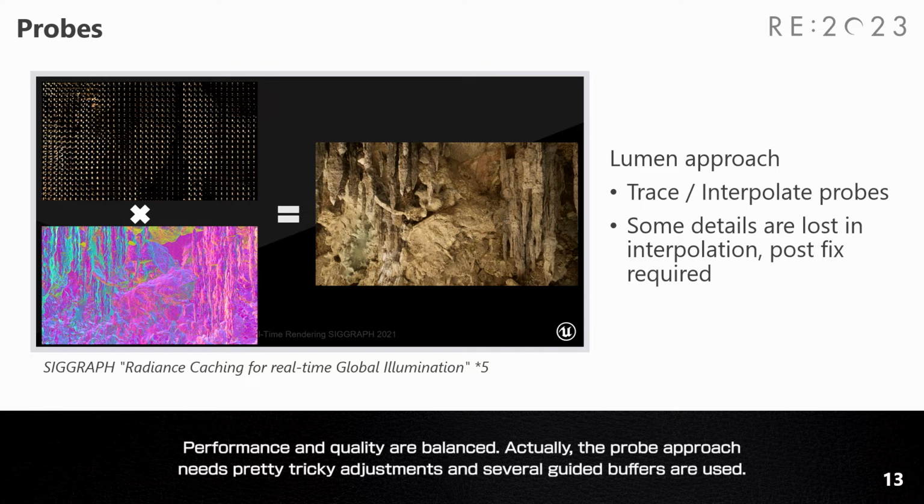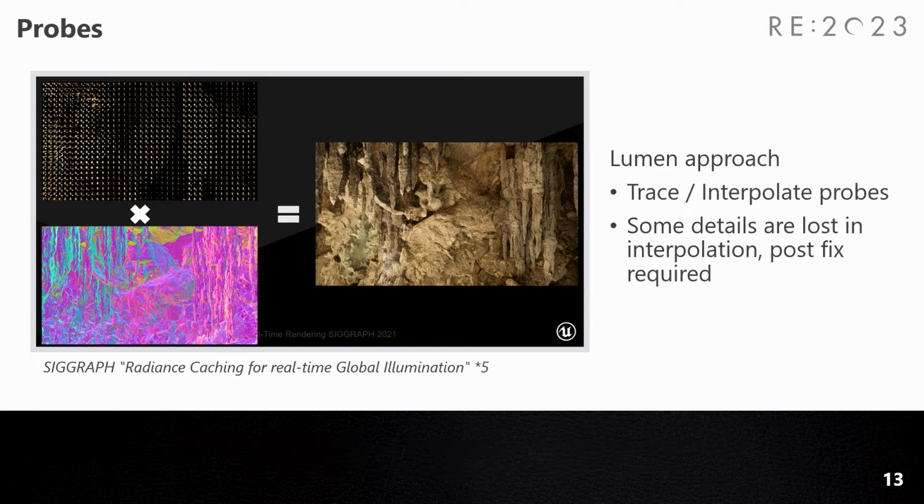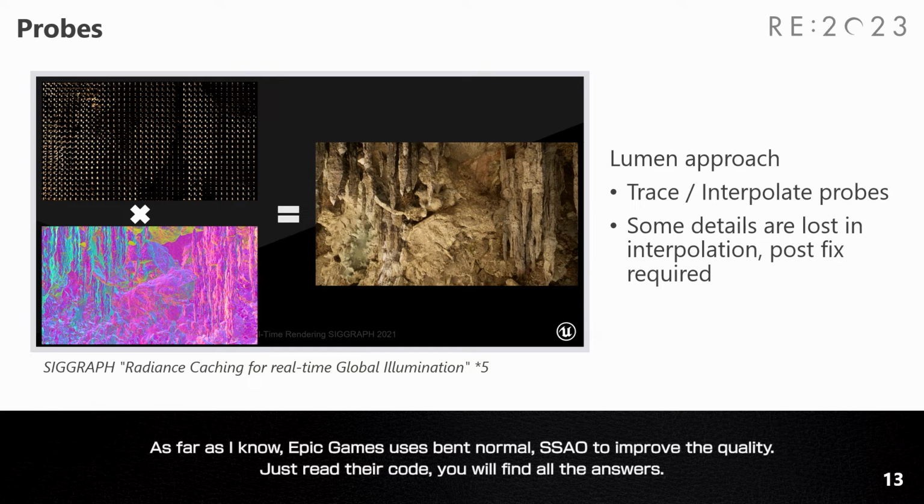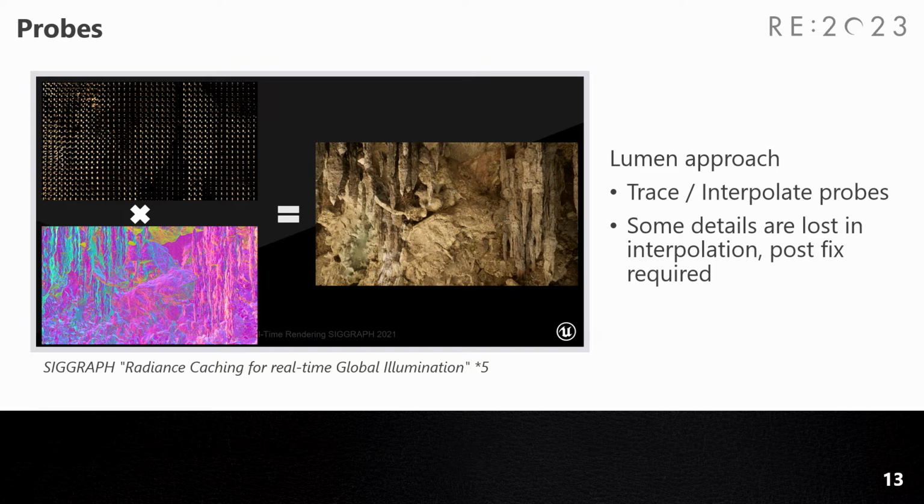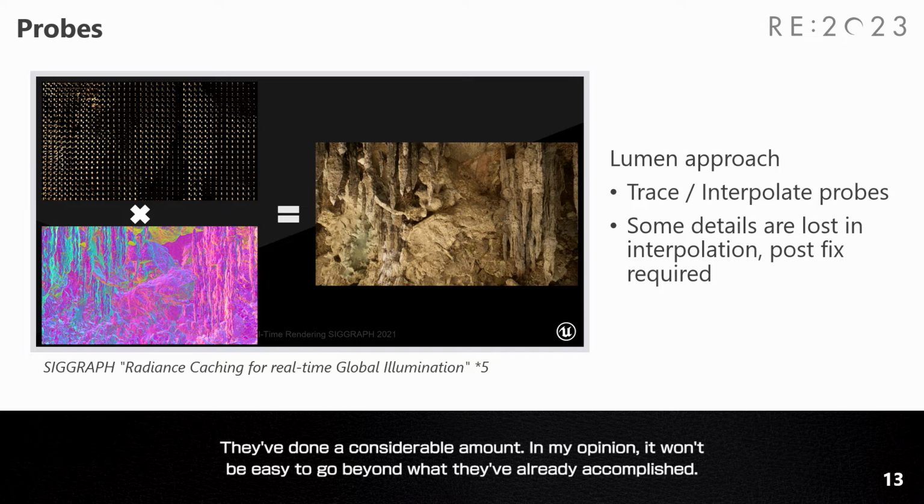Actually, the probe approach needs pretty tricky adjustments and several guided buffers are used. As far as I know, Epic Games uses bent normal SSAO to improve the quality. Just read their code, you will find all the answers. They have done a considerable amount. In my opinion, it won't be easy to go beyond what they have already accomplished.